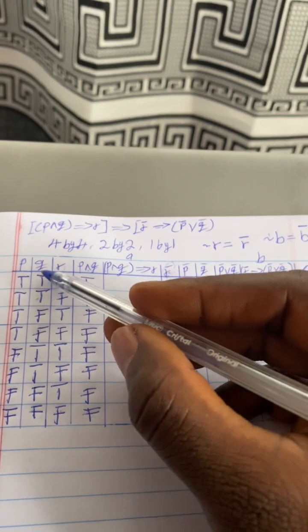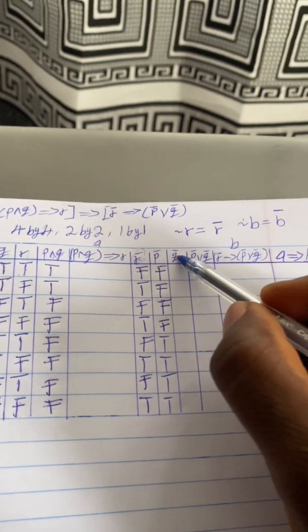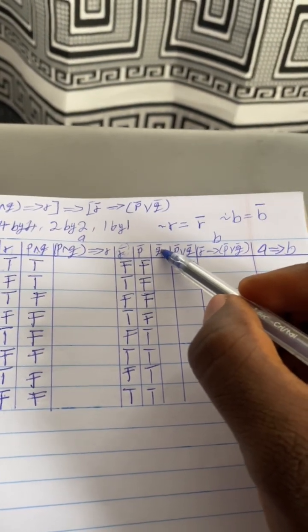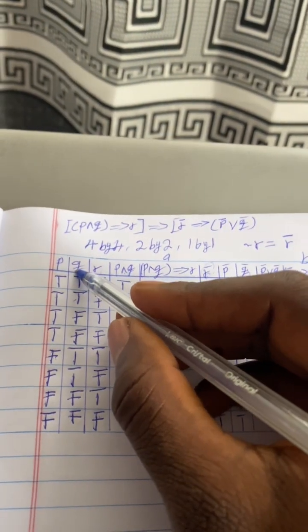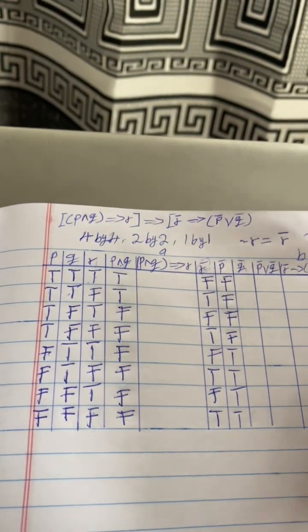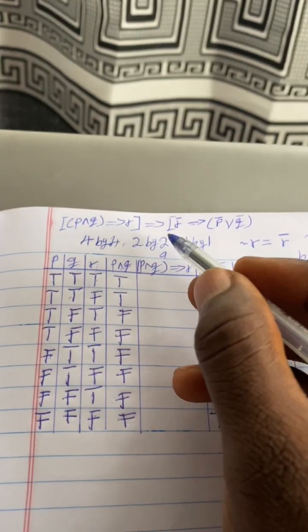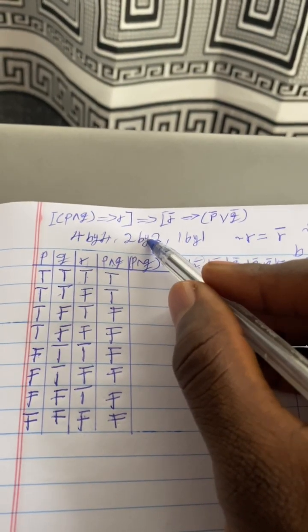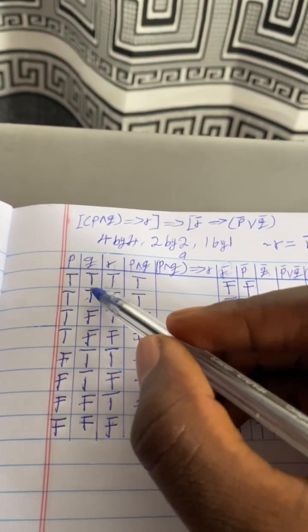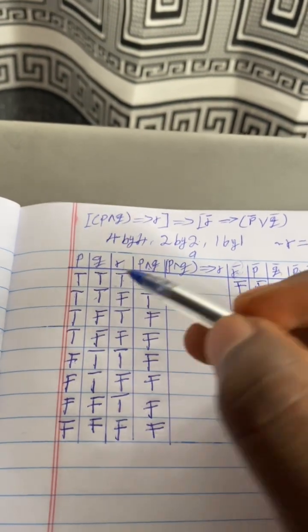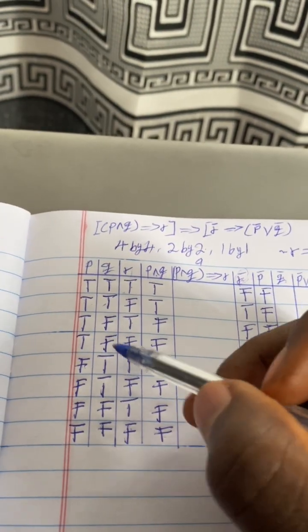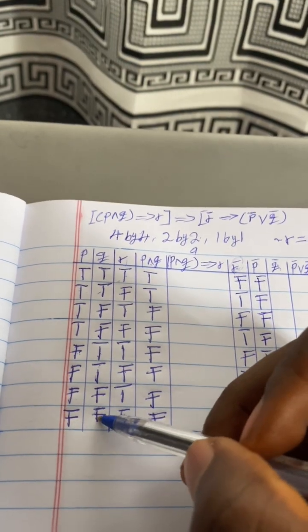So we are here. That's the opposite of Q. So you see, we go by 2, 2, 2 by 2. In a row we have true, true, false, false, true, true, false, false.